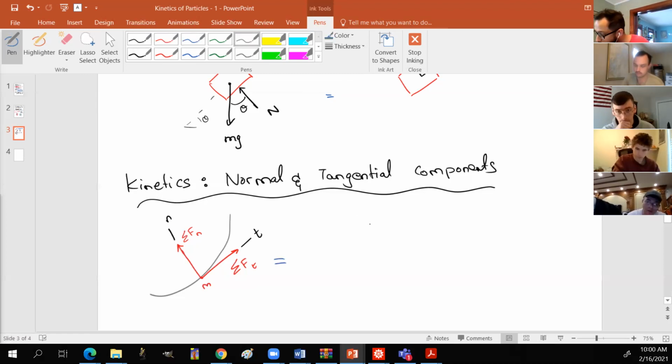And then for your kinetic diagram, right? Your m, it's the same thing. You'll have a tangential component, and you'll have a normal component with a straight line, not like that weird curvy line that I just drew.